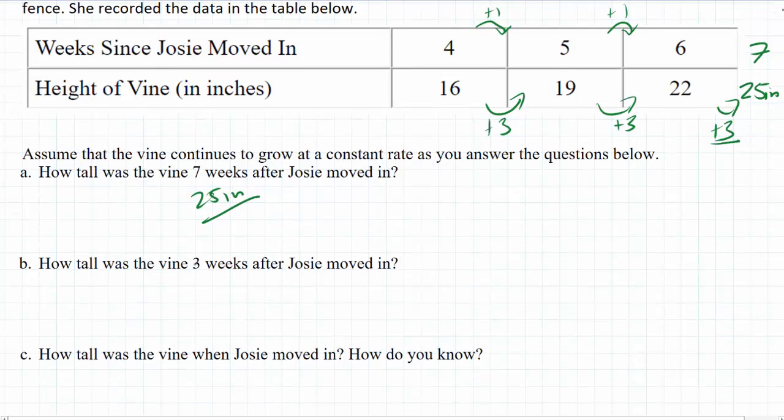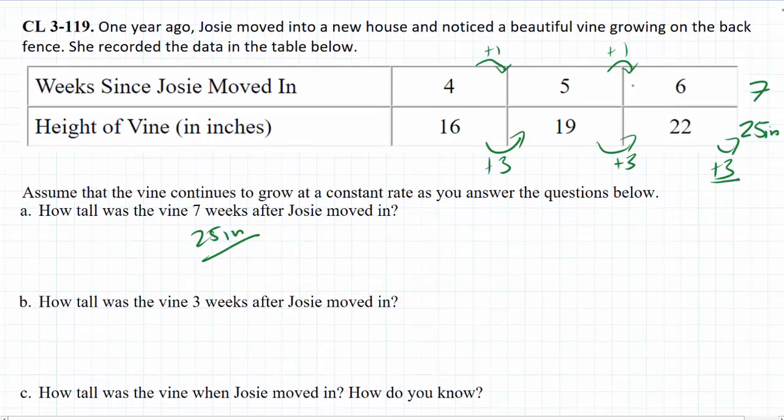Okay, now how tall was the vine 3 weeks after Josie moved in? Well, if we take a look at this table again, 3 weeks goes before the 4. So if we notice, from 3 to 4 is an increase of 1 week. Oftentimes, a lot of us will add 3 this way and go plus 3 and say it's 19.